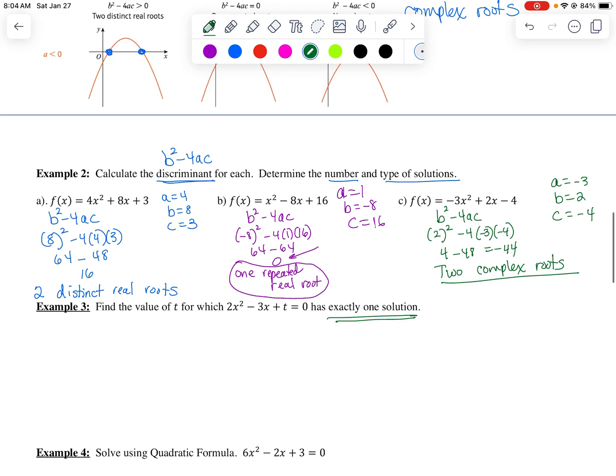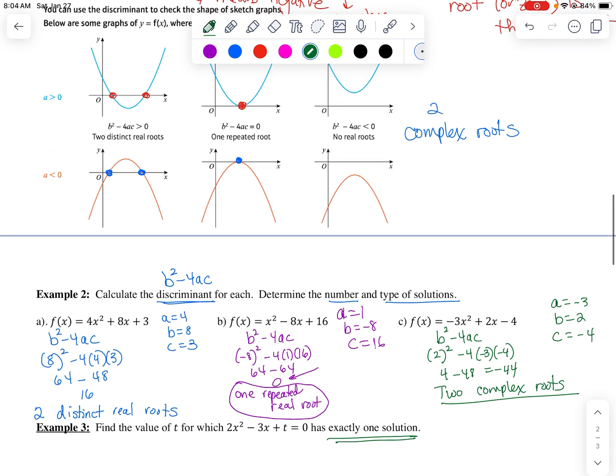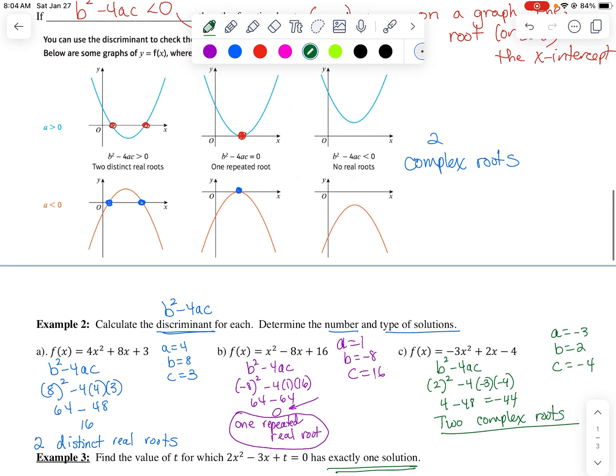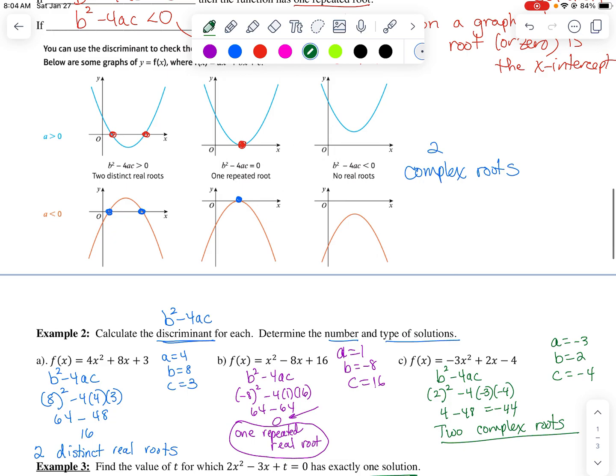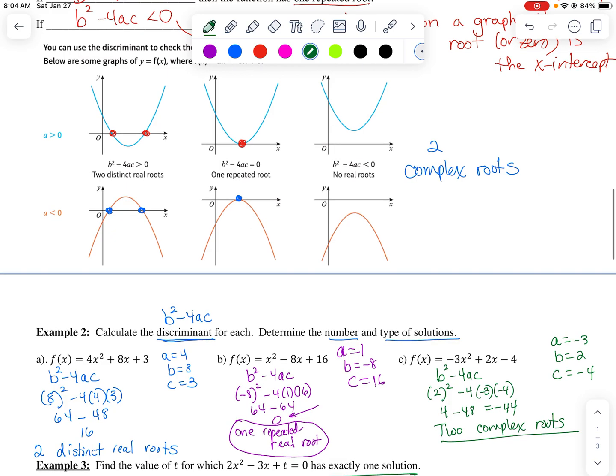So let's look back up at the 3 pictures. And what do you know if a quadratic function has exactly 1 solution? Well, in order for there to be 1 repeated, or just 1 solution, the discriminant is 0.